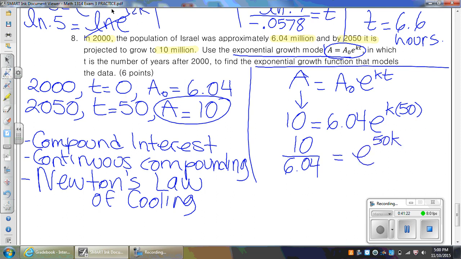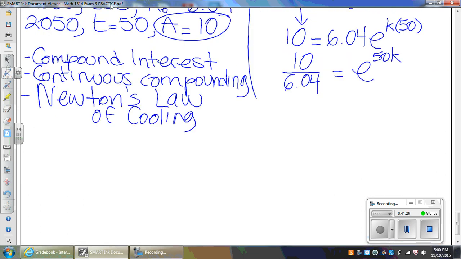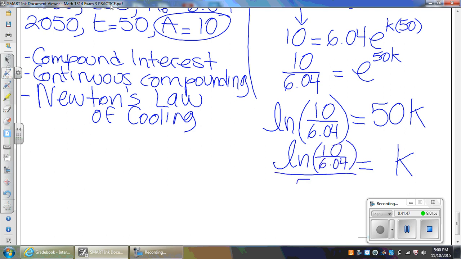And from here, you could either take the natural log on both sides, or you could just convert it to logarithmic, so it will look like this. And then finally, the 50 multiplies the K, so we move that across, and it will be doing the inverse operation, so it will be divide.